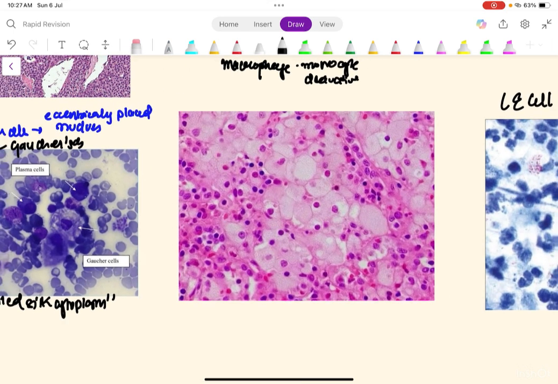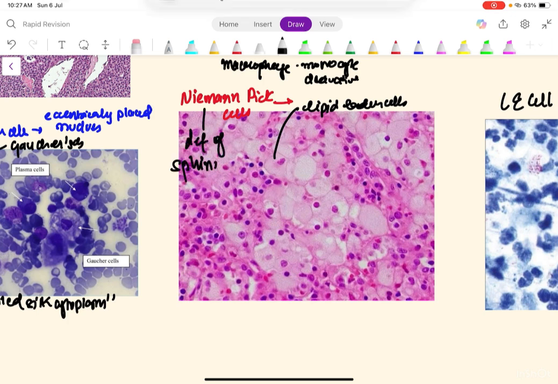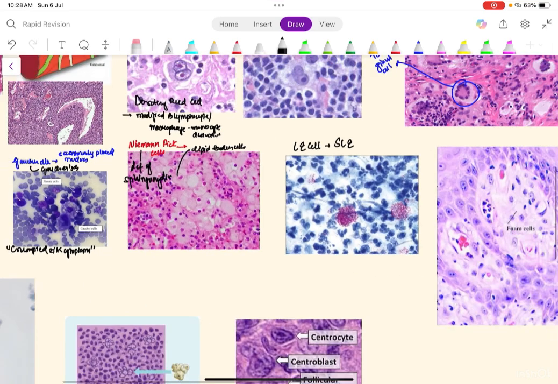These look like lipid laden cells. So this can be anything, but specifically it is the Niemann-Pick cells. If you remember, it is due to deficiency of sphingomyelinase.